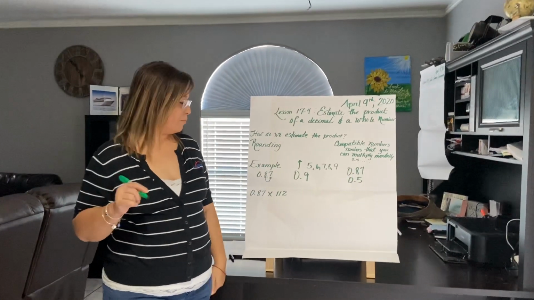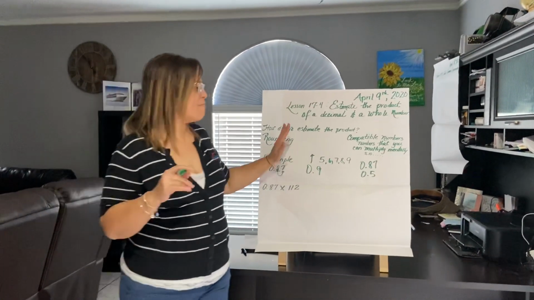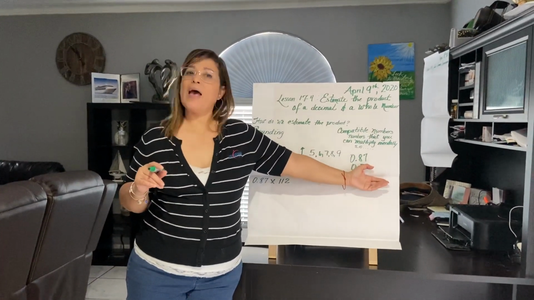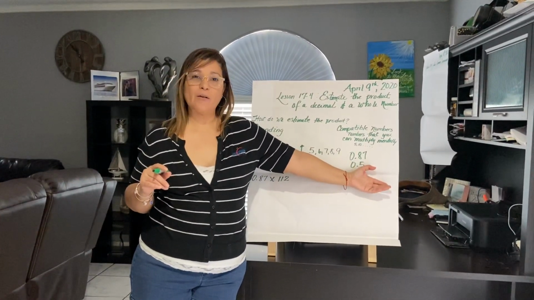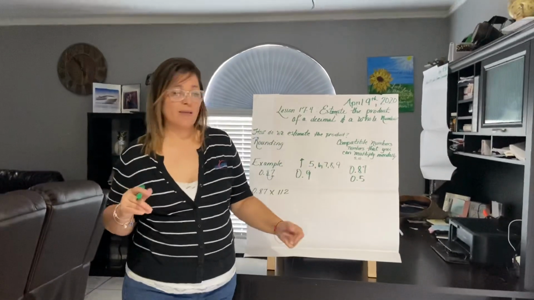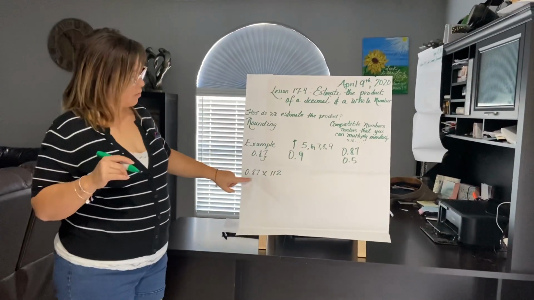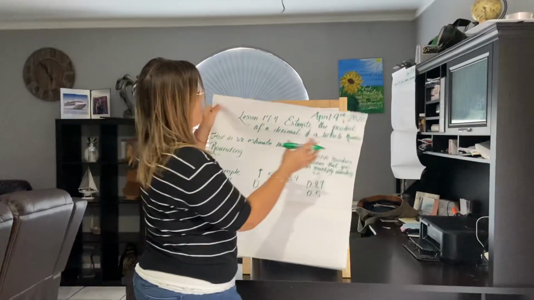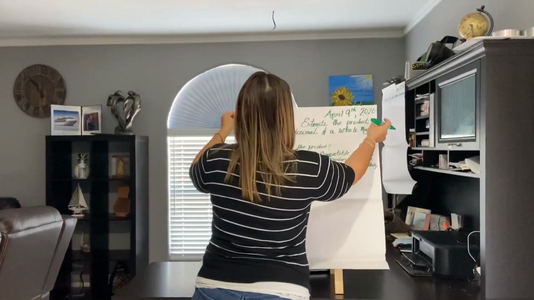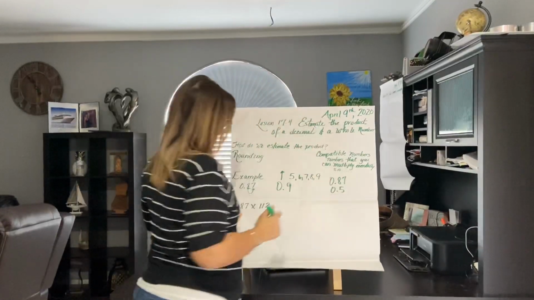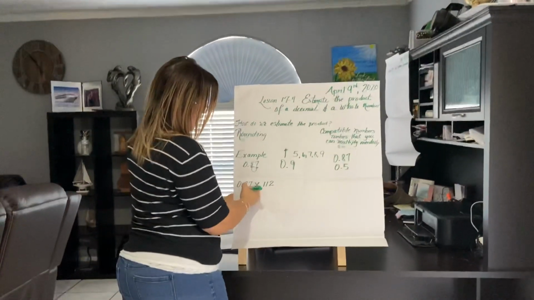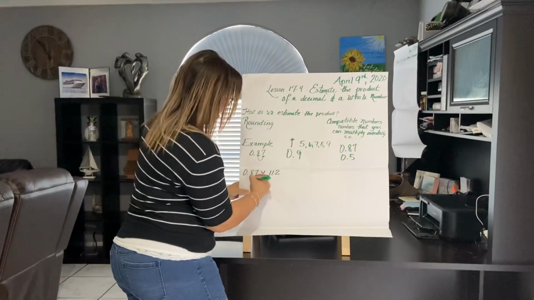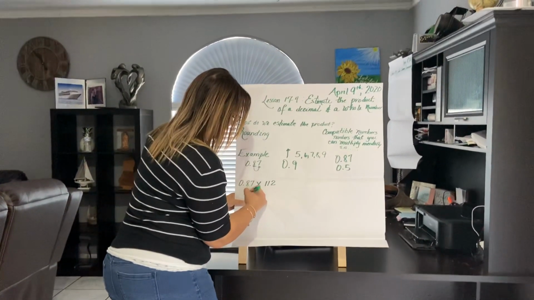Okay, so now that I've rounded or used my compatible number, I could multiply to find out the product, the estimate. So we're using the 87 hundredths. Let me make this a little bit over here. So we're using my 87 hundredths already, which we know, if I'm using the rounding, it's going to be 9 tenths.